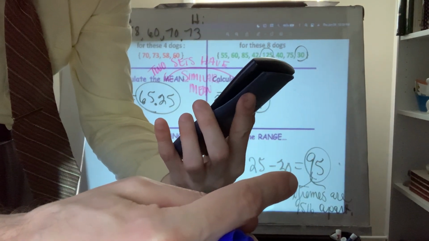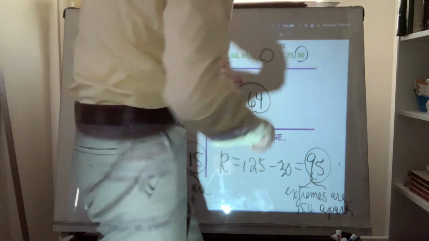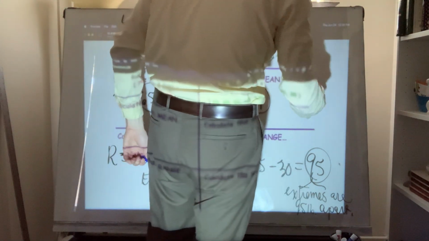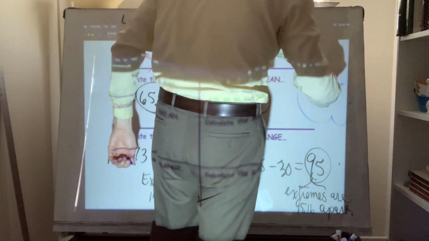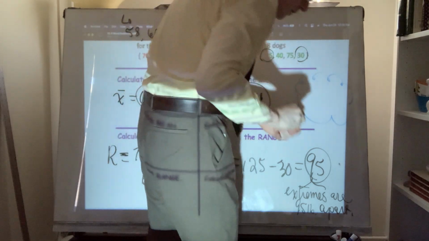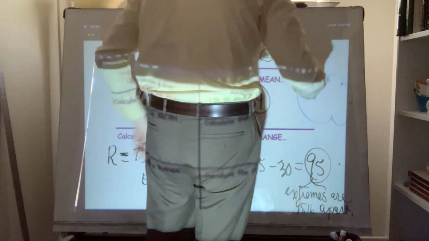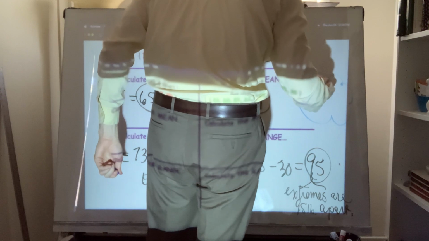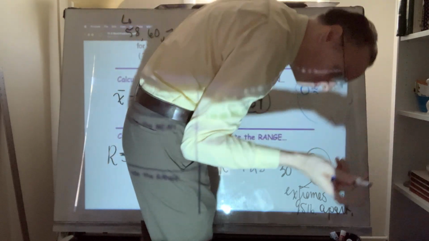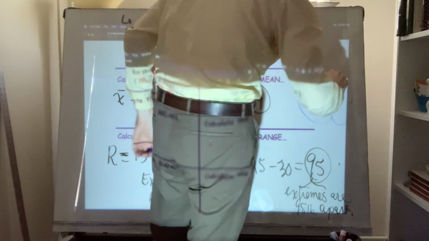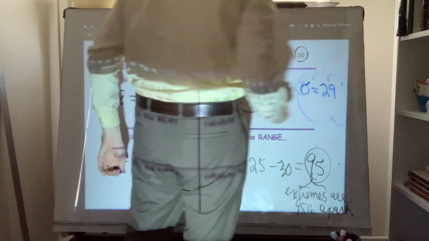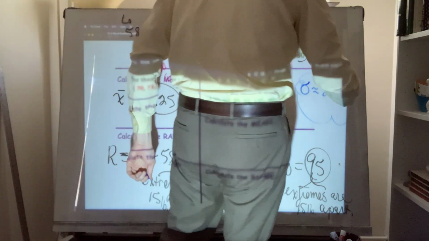You're not asked to calculate this, but it is interesting. The standard deviation of this population is about 29. I round it to a whole number. 29 pounds.